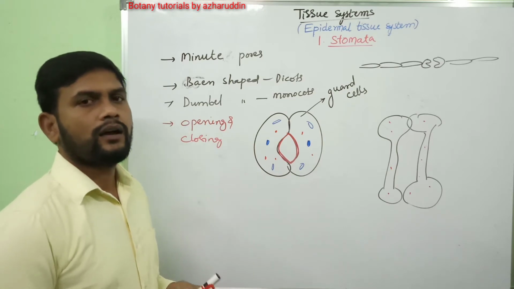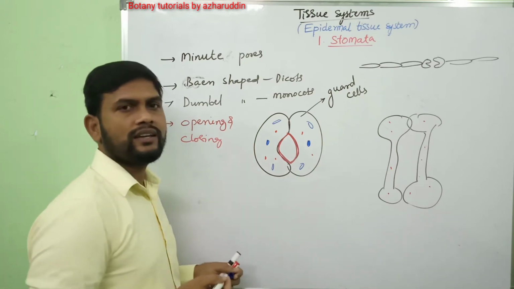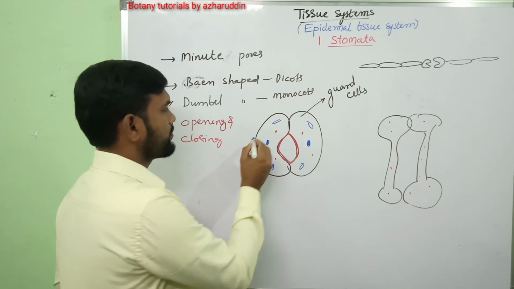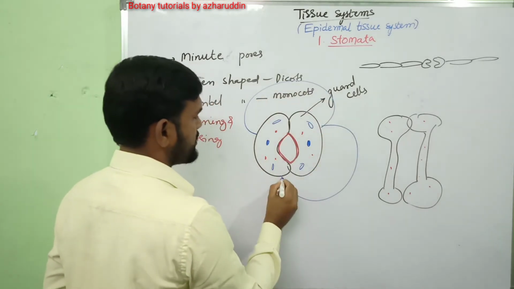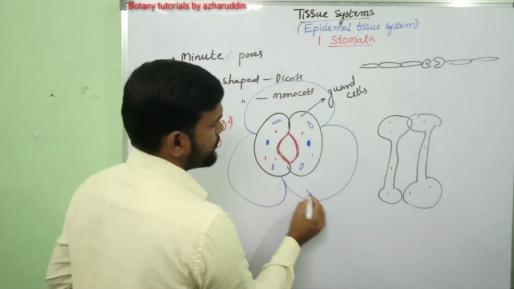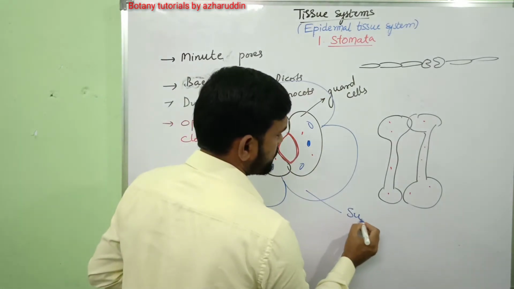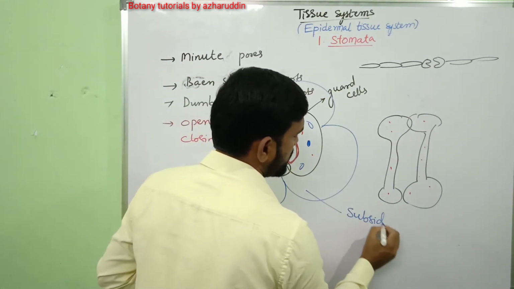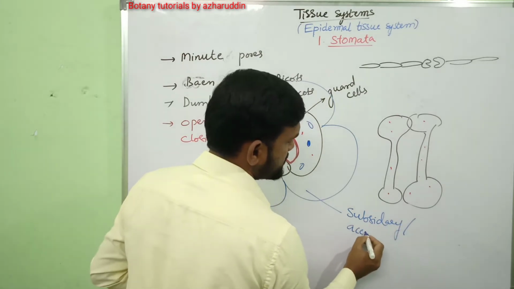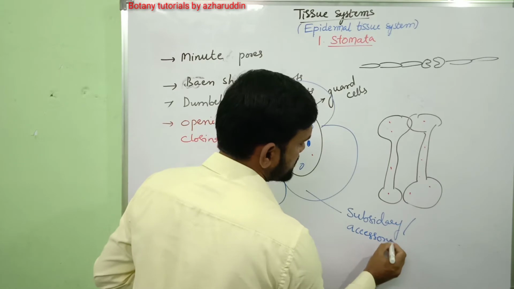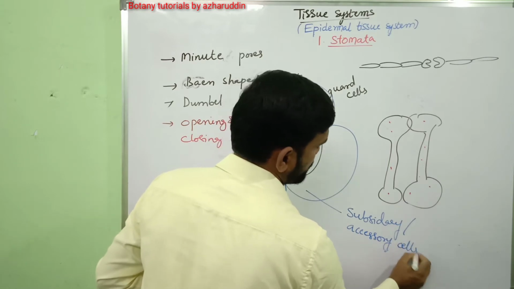Again, these guard cells are covered with specialized epidermal cells. They are variable in their size and arrangement. Such cells are called subsidiary cells or accessory cells.